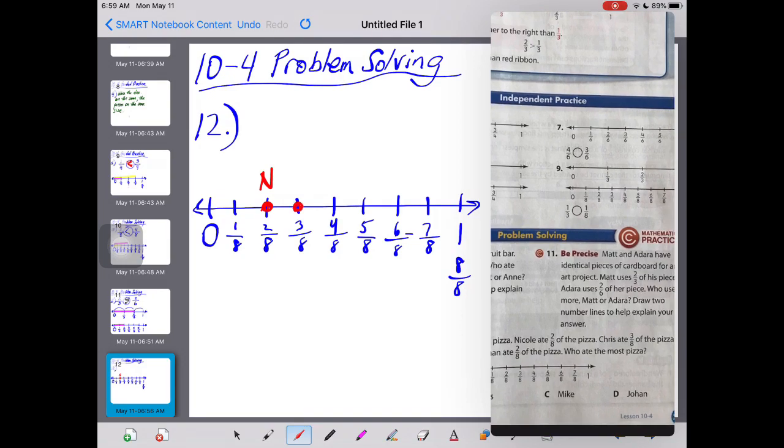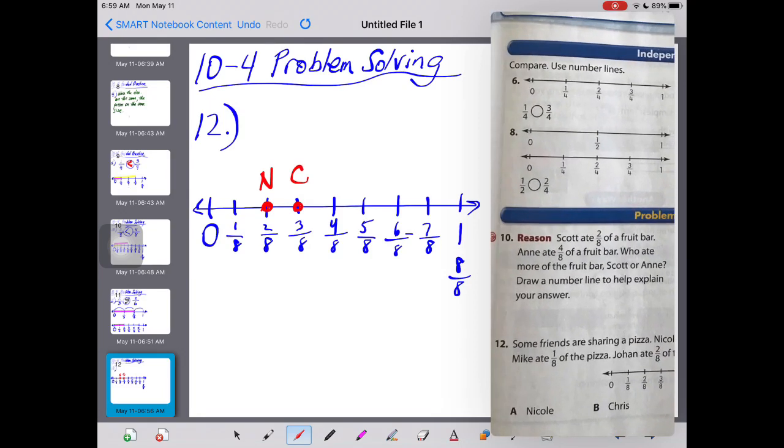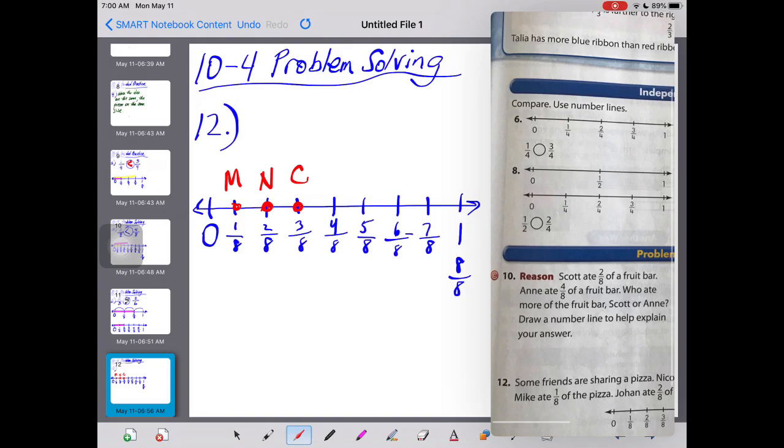Chris ate 3/8. So I'm going to put a dot here for Chris for 3/8. Okay. And Mike ate 1/8. So he's over here, 1/8. And Johan ate 2/8. Oh, same as Nicole. I'll just put Johan up above there.